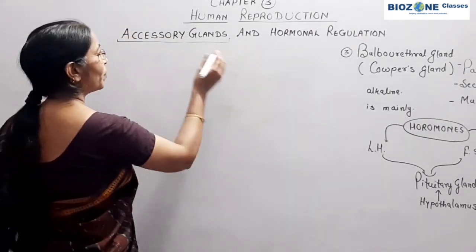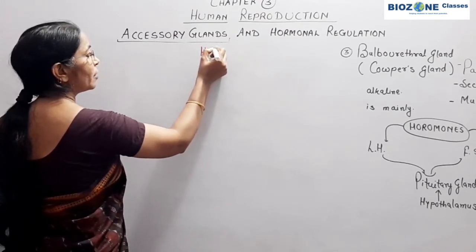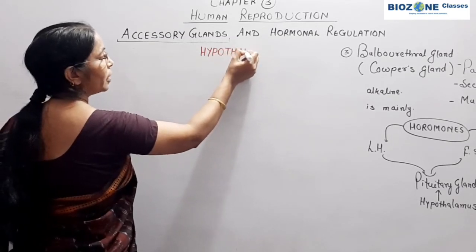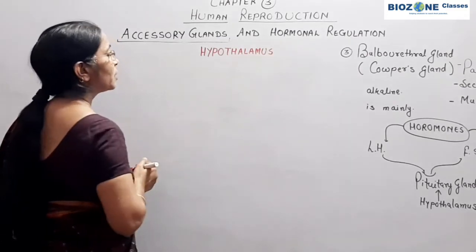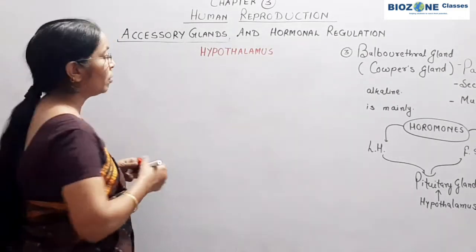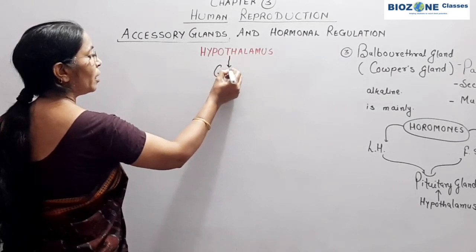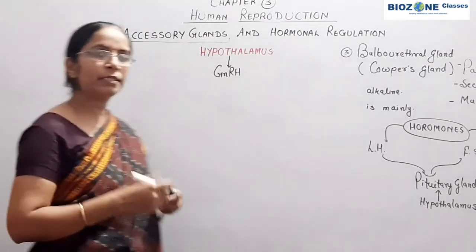First pay attention: at the onset of puberty, the hypothalamus plays the key role, and it is responsible for the secretion of GnRH, that is gonadotropin releasing hormone.